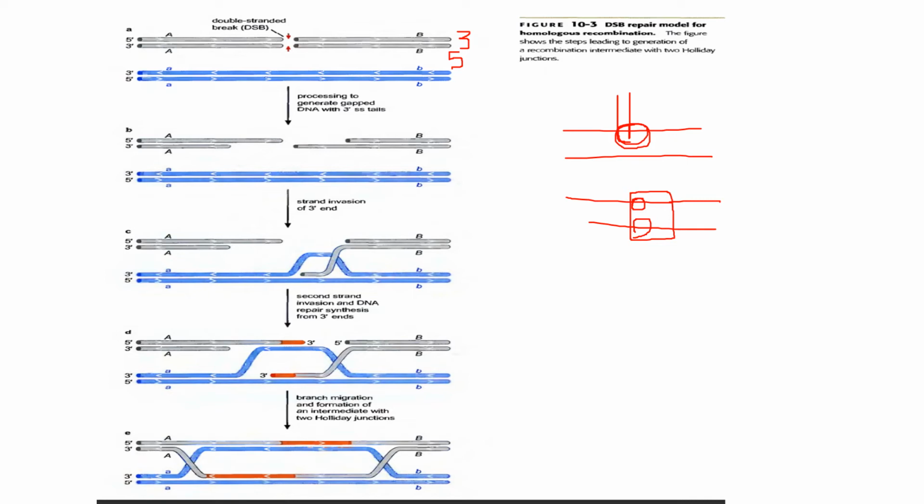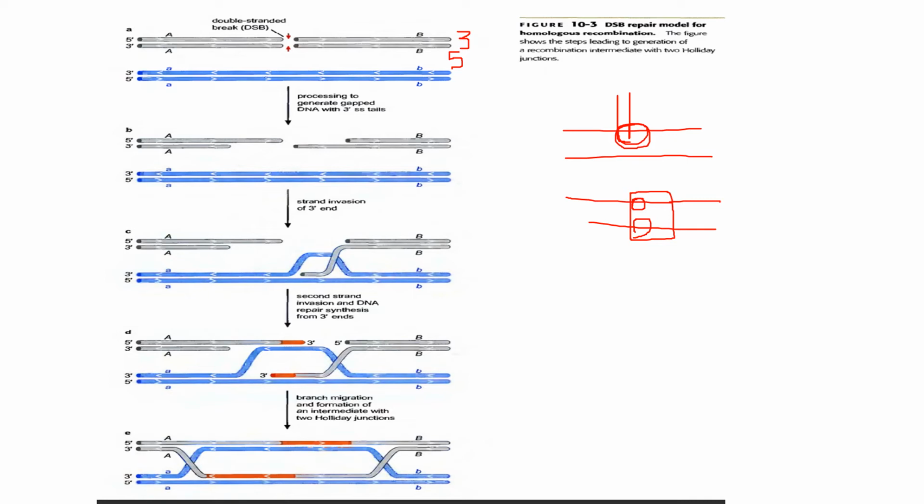You can see that the break is there on both strands, so this is known as the double stranded break. Whereas if you look at the sister chromosome, both of the sister chromosomes are intact.